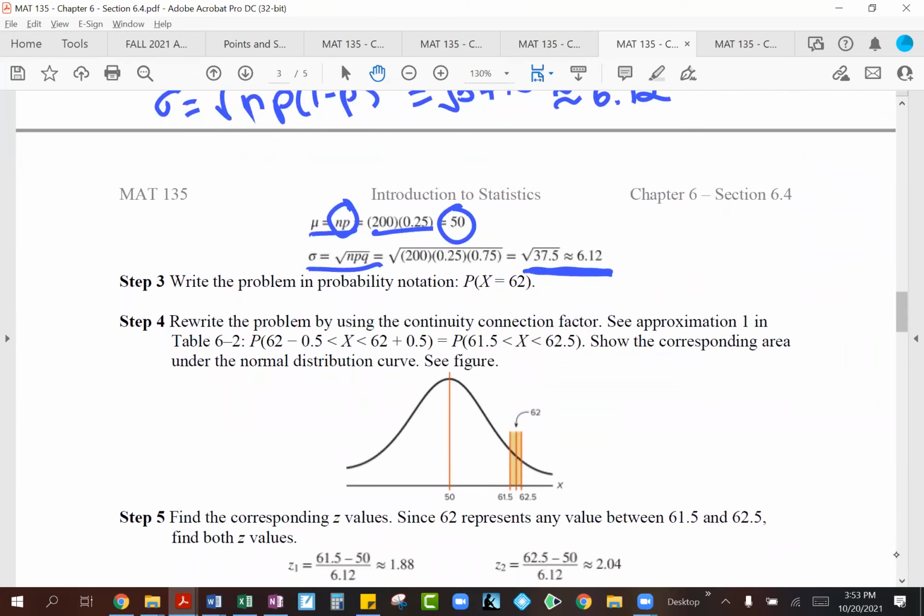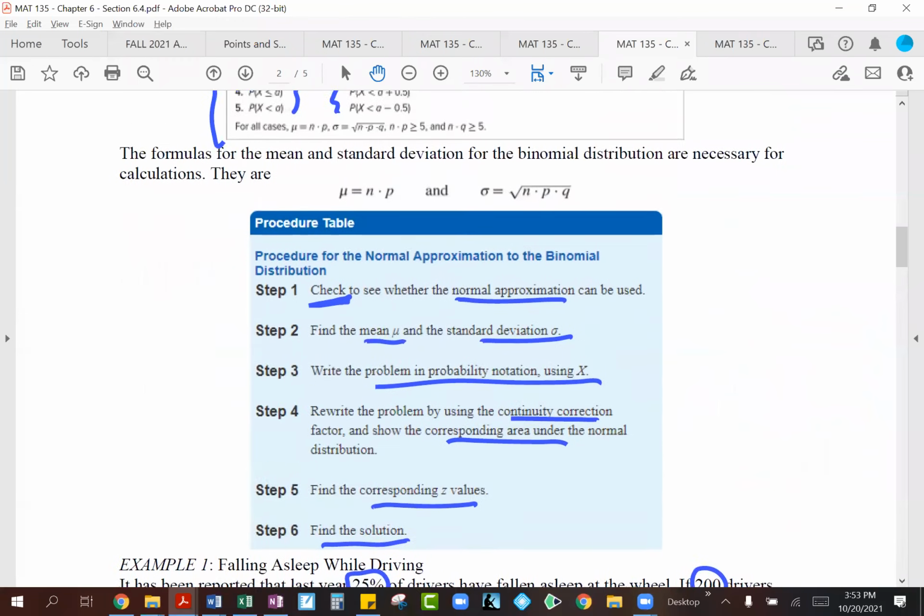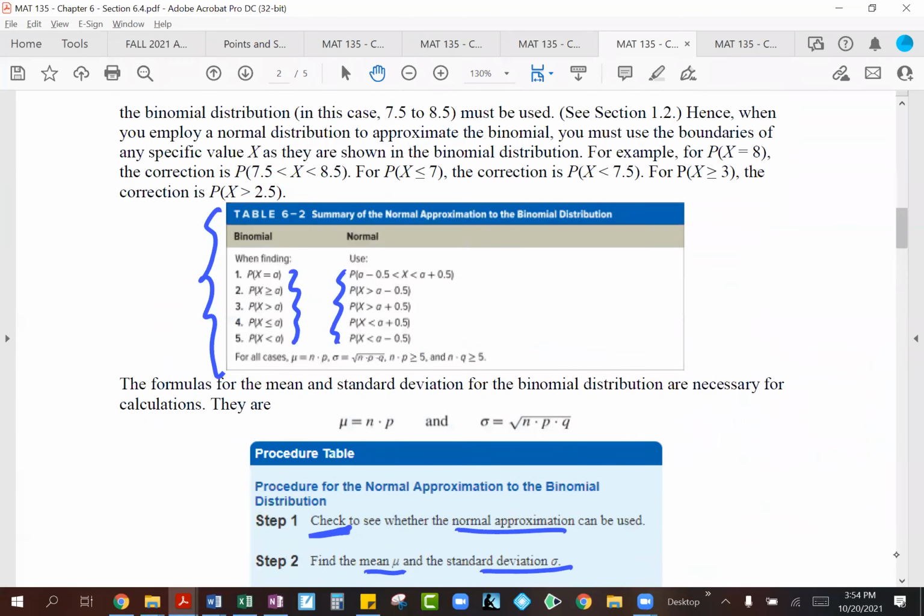Once you have this, the question was asking, what is the probability that 62 will say that they have fallen asleep? So this is where they're asking you for exactly 62. They didn't say anything about more than, less than, at least, at most. None of those terminologies was used.